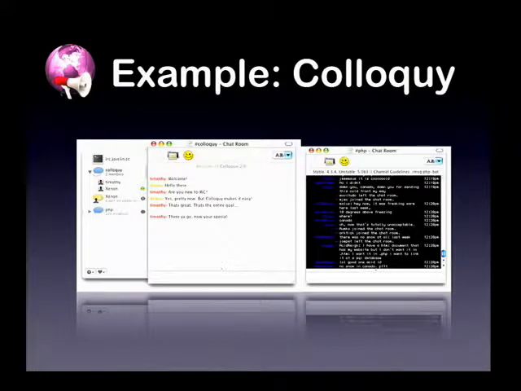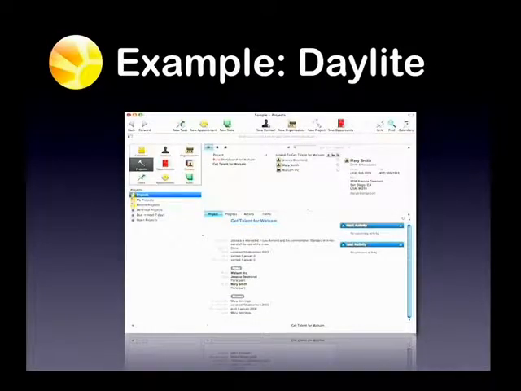For instance, FScript is used in Colloquy, which is a popular IRC client on Mac. Using FScript, one can write plugins that extend the Colloquy application. Another example is Daylite, a popular business productivity suite on Mac OS X. In this case, Daylite makes use of FScript in its report engine, letting people directly type FScript expressions to customize the reports.